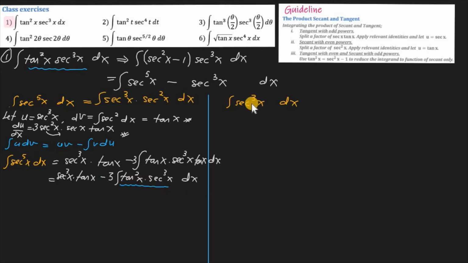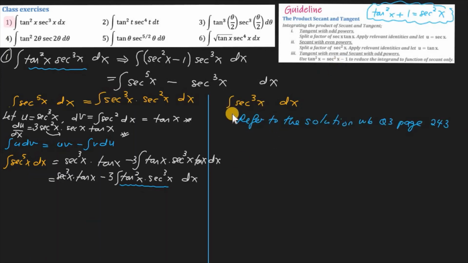Next, let us look at how to integrate the secant cube. Secant power odd numbers, there is no guideline. So again, what method should we use?